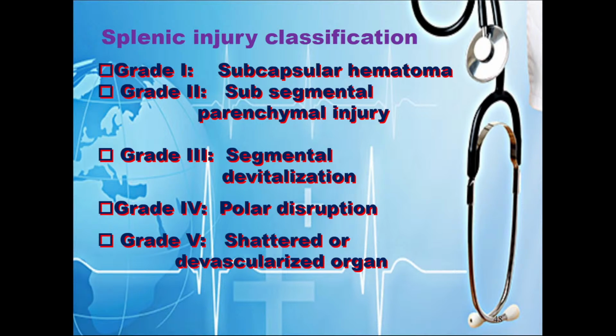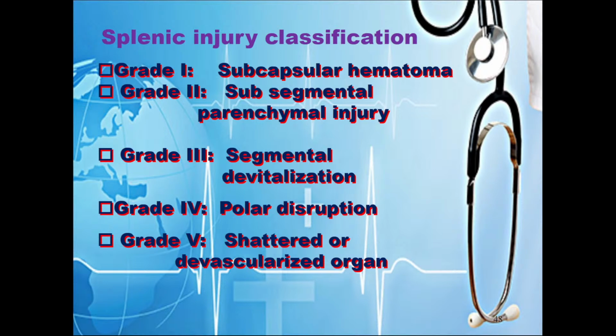Subcapsular hematoma, or in general splenic hematoma, has a special feature. In our country, it is called the two-stage rupture of the spleen. How do we describe it?